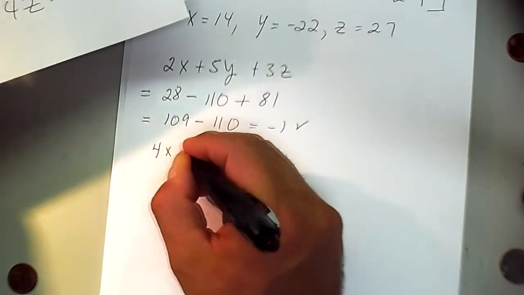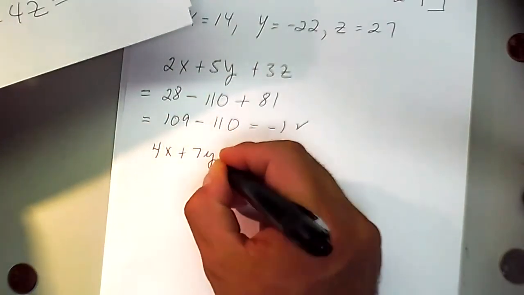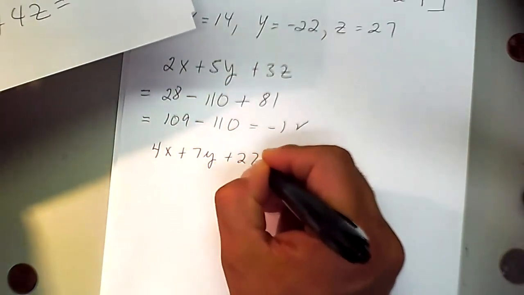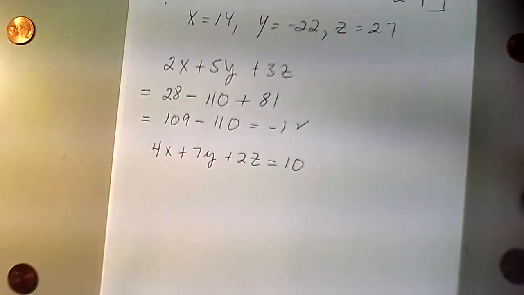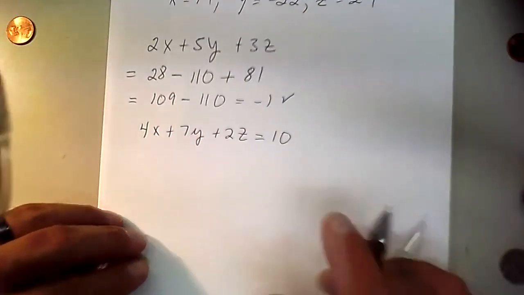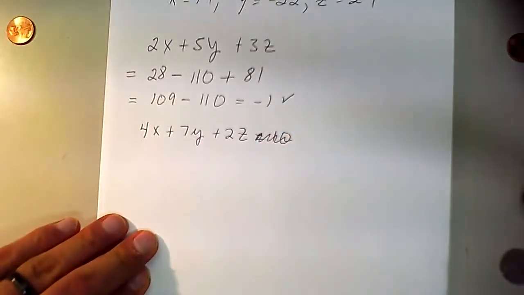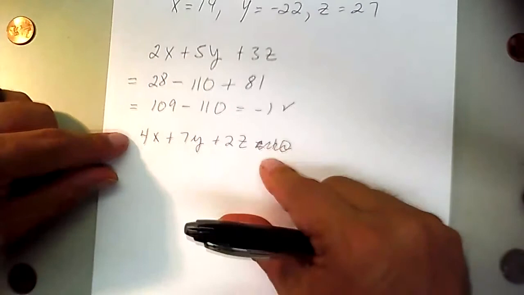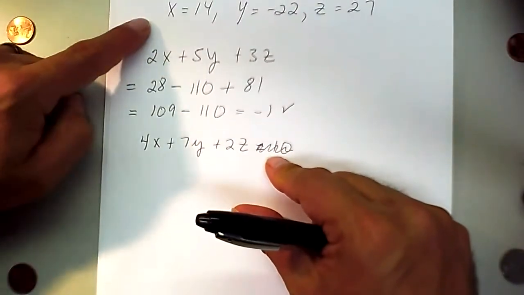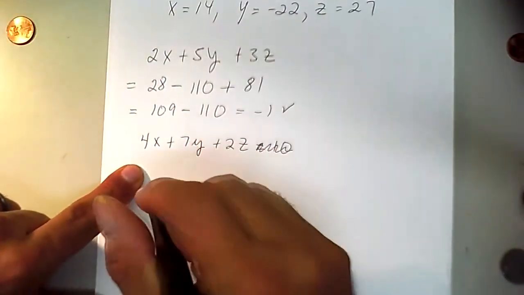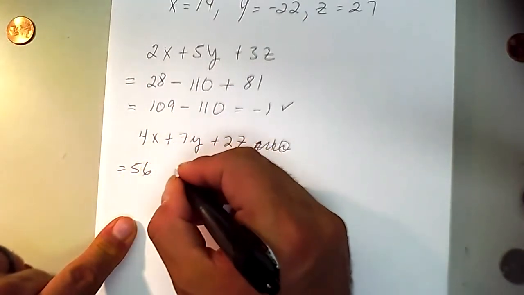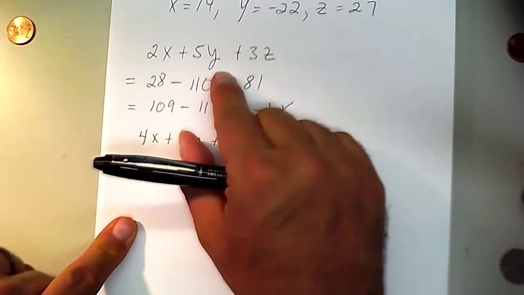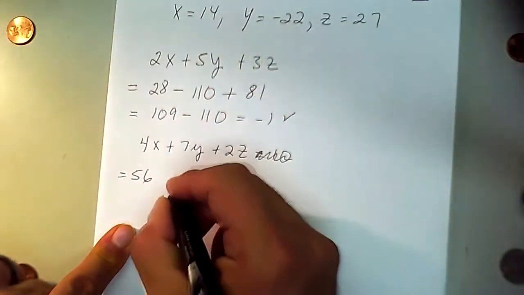4x plus 7y plus 2z equals 10. Well, let's see. I'm not going to say it is equal to 10 yet. It should be equal to 10, but let's see. 14 times 4, 56. 7 times negative 22.